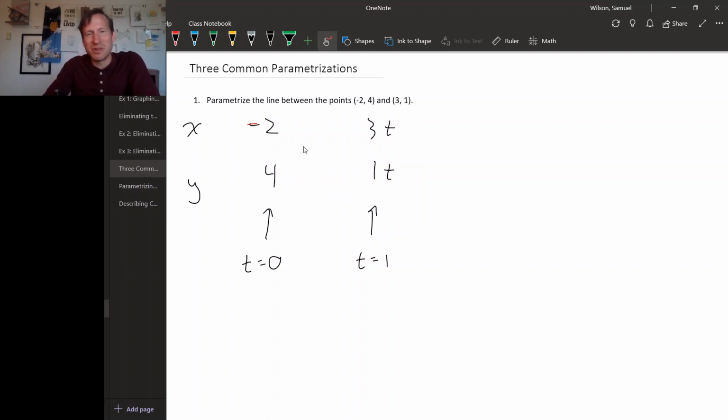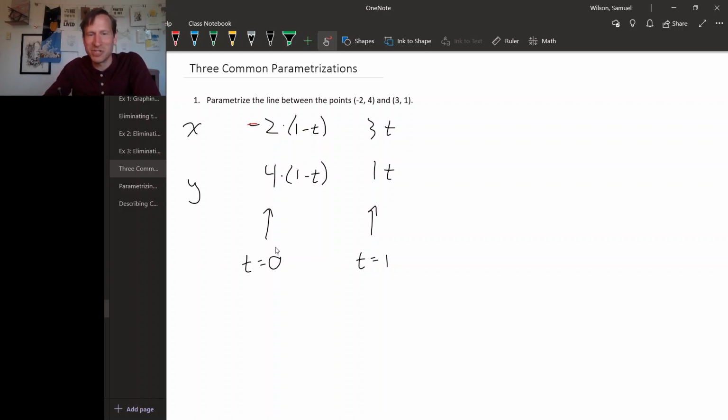So now we need to come up with a similar idea for messing with our first pair of coordinates, -2 and 4. Using the same idea, we need to multiply both of these by 1 when t is 0, and by 0 when t is 1. And if you think about it a little bit, what you need to multiply by is 1 minus t.